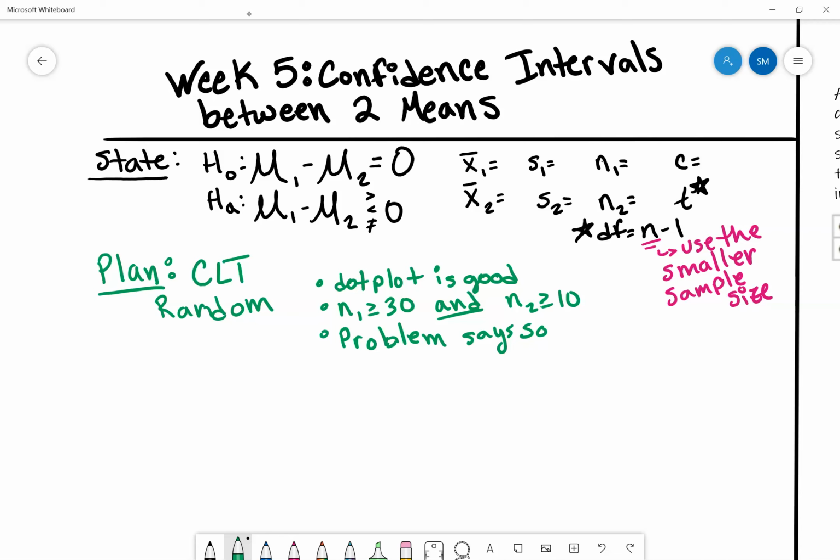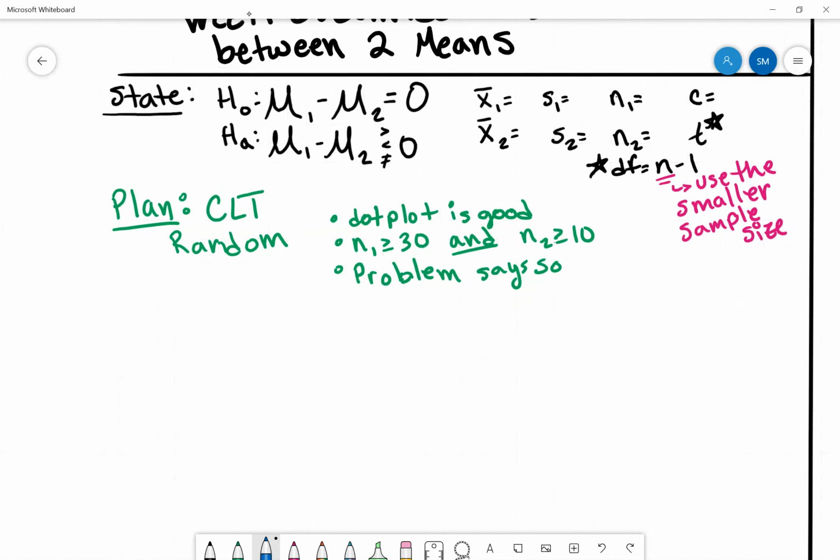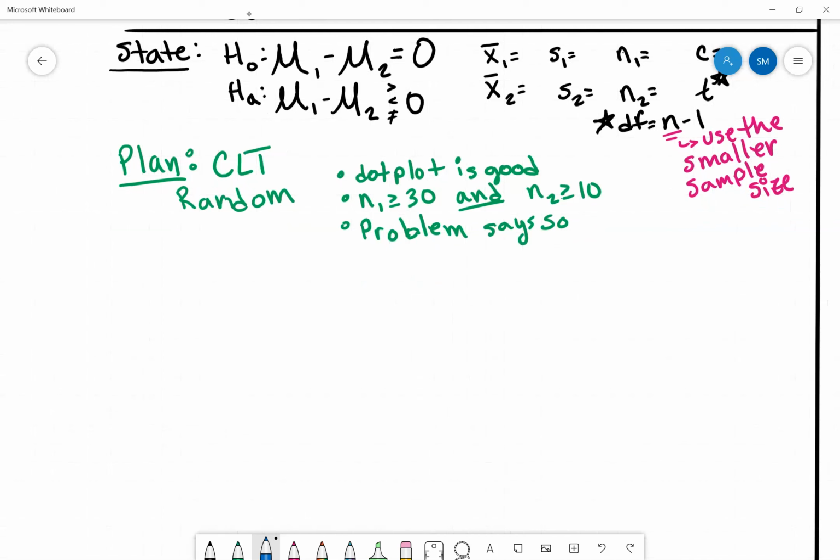So this is saying that the problem is like, assume all conditions are met, or both data sets are approximately normal, that kind of stuff. For the do, so we did state, plan, do. In the do section, we are going to find the confidence interval using the formula.